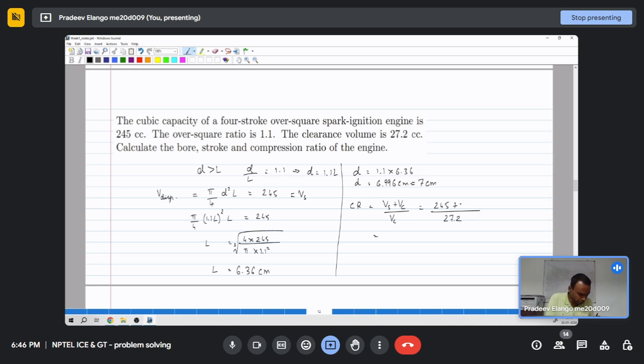With this we can calculate the compression ratio. Yes, 10.057, we can say 10.0. Any questions, or we can move on to the next topic?